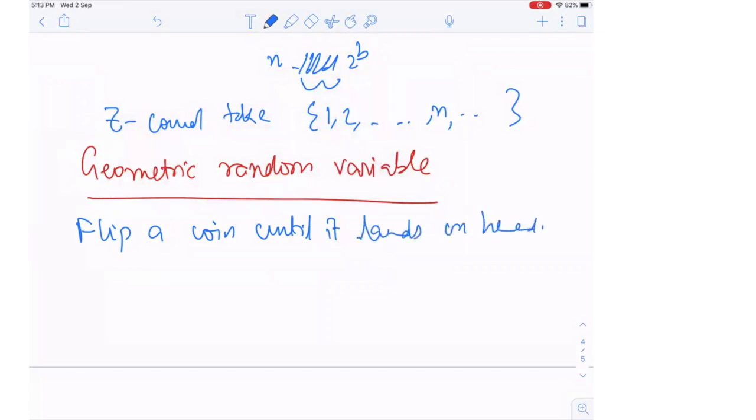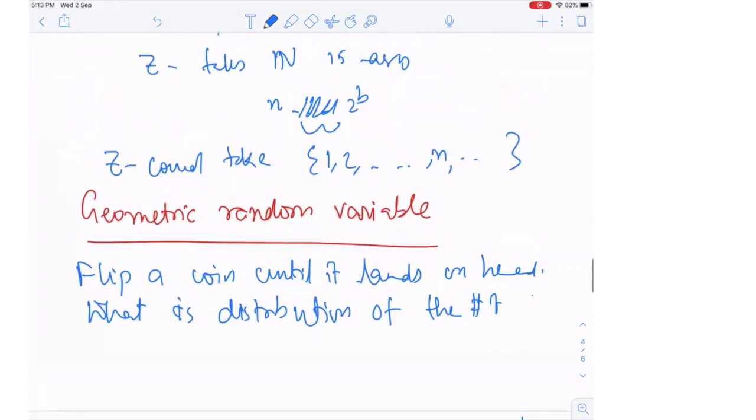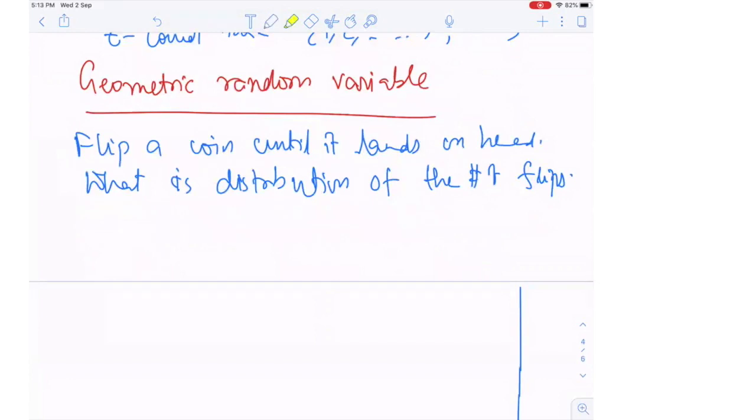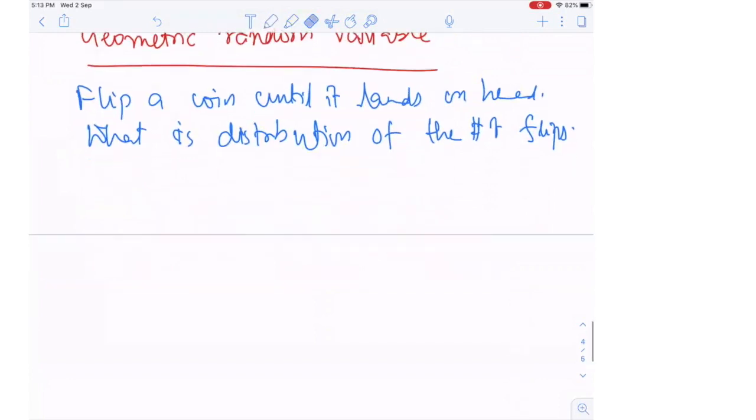So I want to know the distribution of the number of tosses, the number of flips. Okay, so this is an example of one geometric distribution.